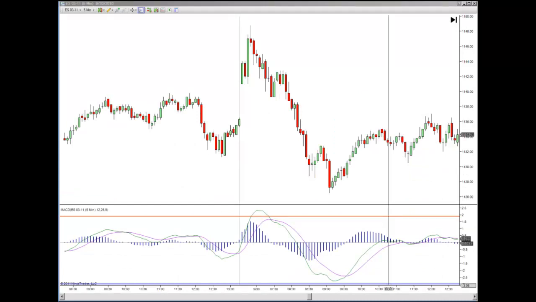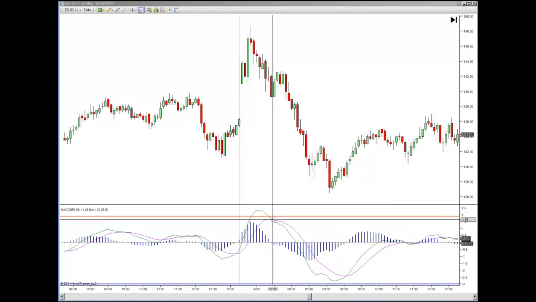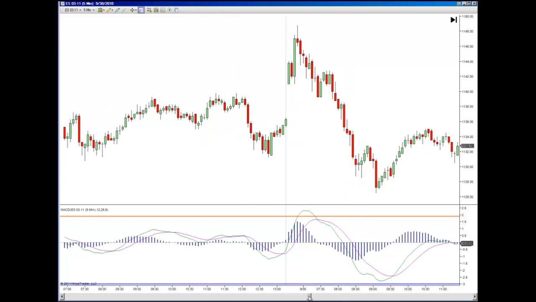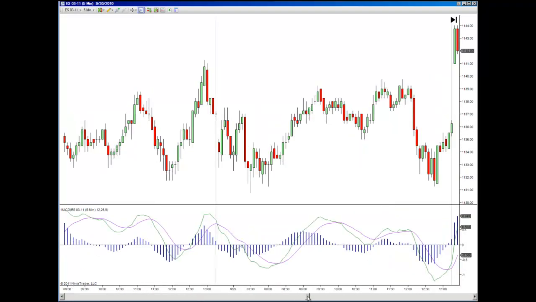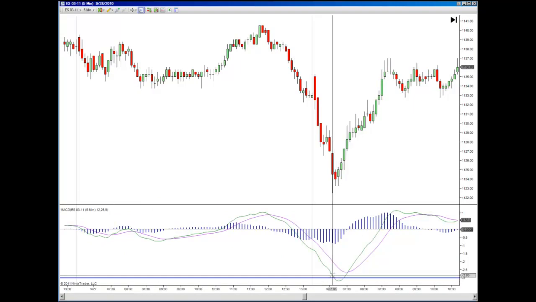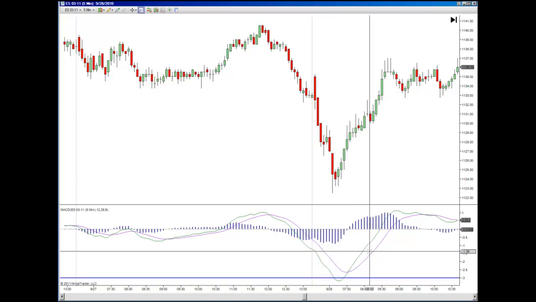To demonstrate the concept, now let's take a look at the two extreme lines that we have, the red line being the extreme for the high and the blue line the extreme for the low. And let's take a look over time at what happens. Now, every time we find that the MACD comes down to this level, we tend to actually see that it has reached an extreme and starts to move in the opposite direction.